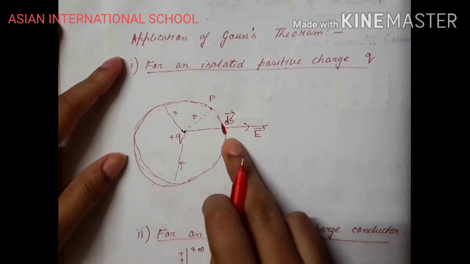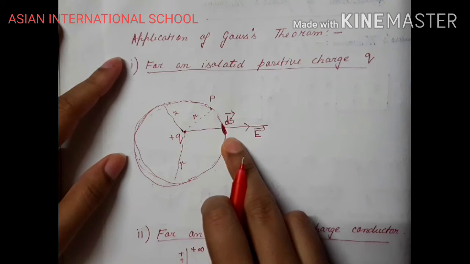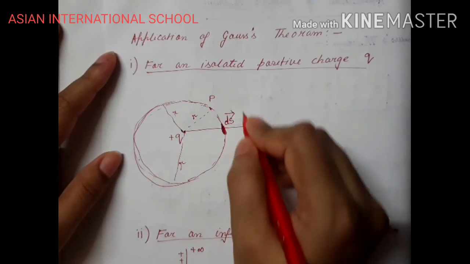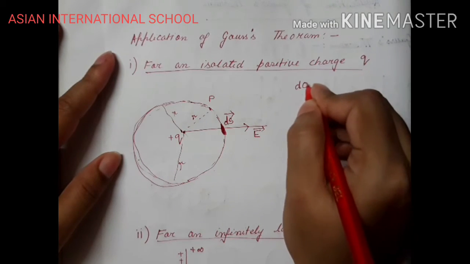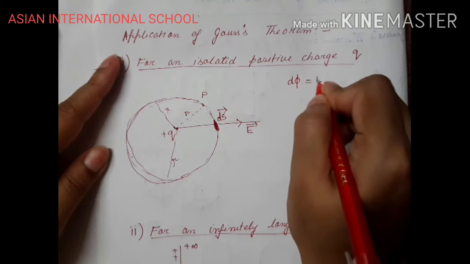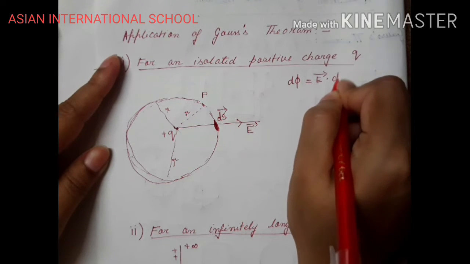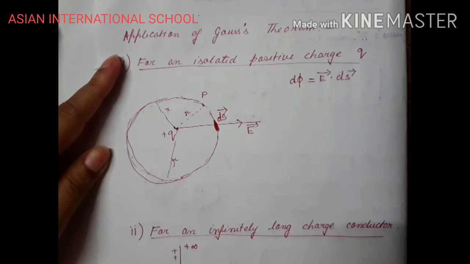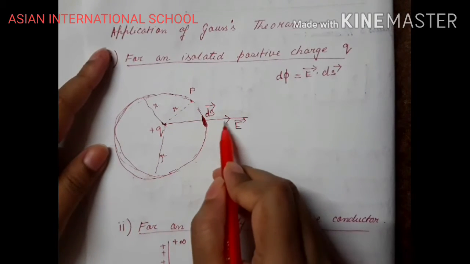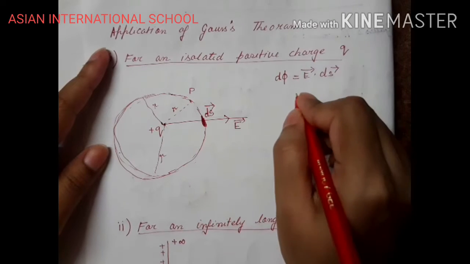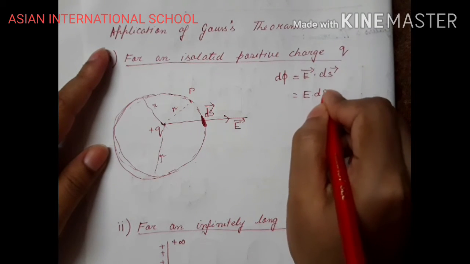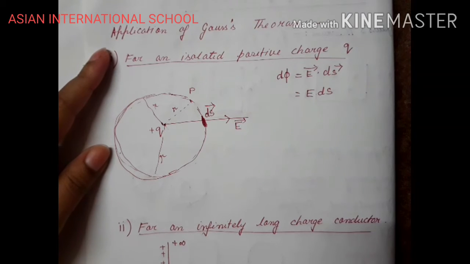For this elementary portion, the flux is d phi, so d phi equals E dot ds. Now, what is the angle between E and ds? 0 degree. So cos 0 degree is 1, and I can simply write E ds.